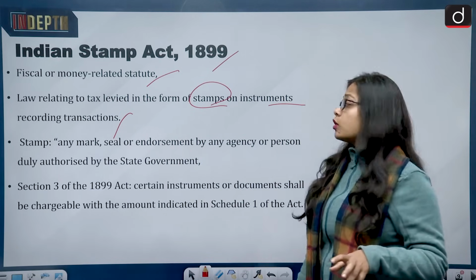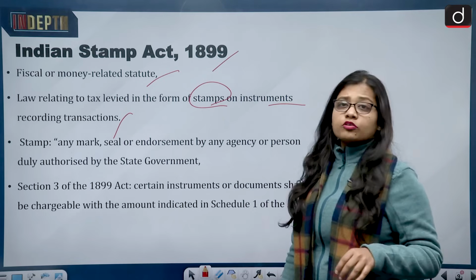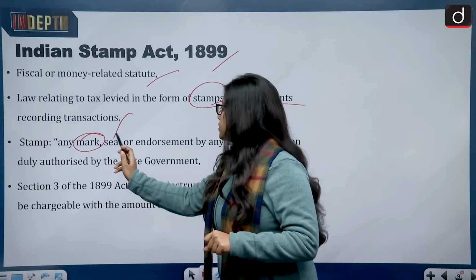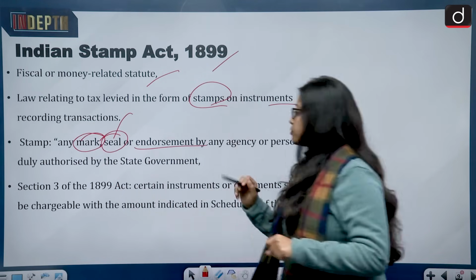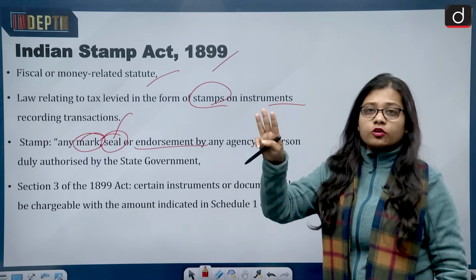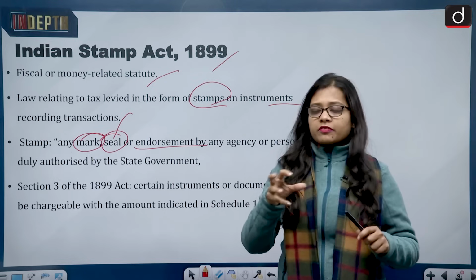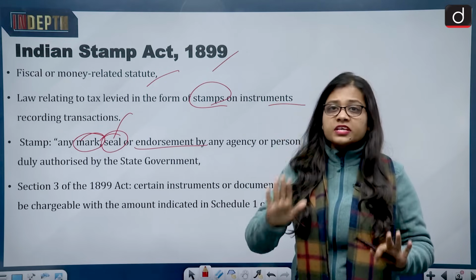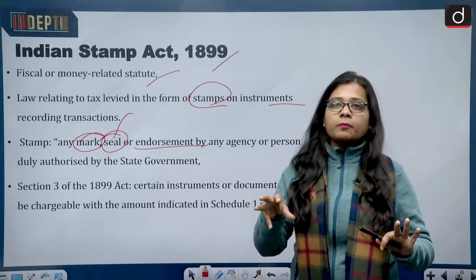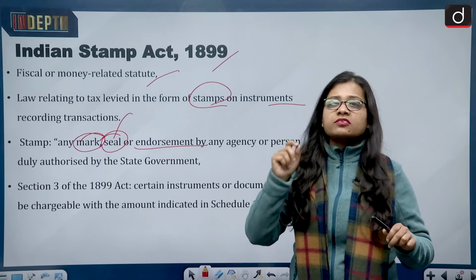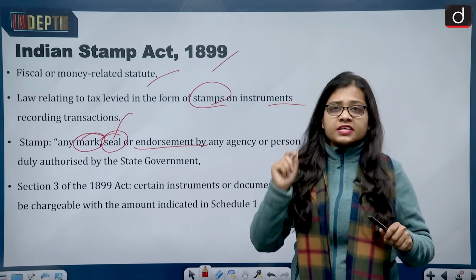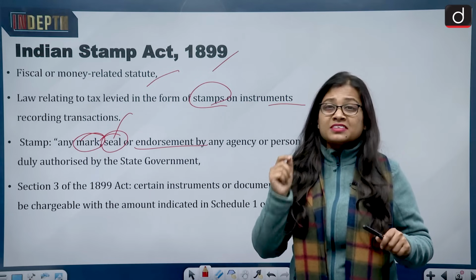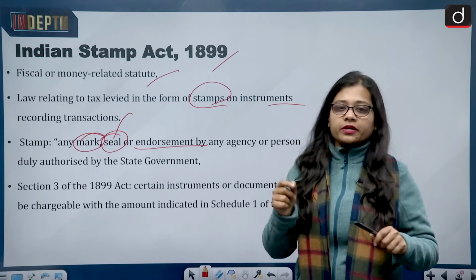If we talk about a stamp, then according to the Indian Stamp Act of 1899, a stamp is any mark, seal or endorsement. I think you must have seen that whenever a registry is done, there is a certain kind of seal which the registrar puts onto the papers. That seal makes it official, that seal gives it a government backing, that seal makes it a legal document.